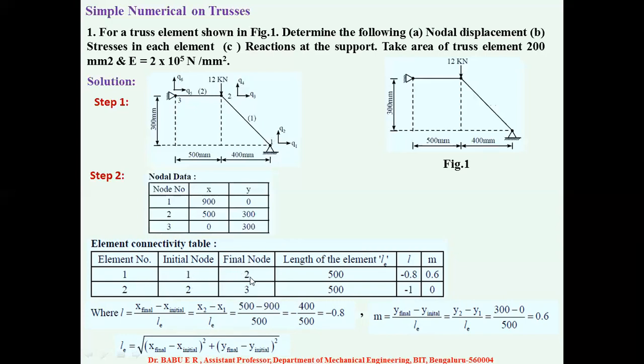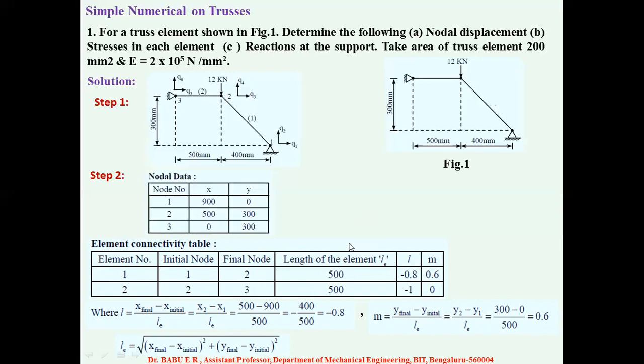So 1, 2. Similarly for the second element, I'll take 2 as the initial node and 3 as the final node. 2, 3. The node numbers you can take randomly, it is left to you. But it is better to follow the sequence always when choosing the initial node and final node.